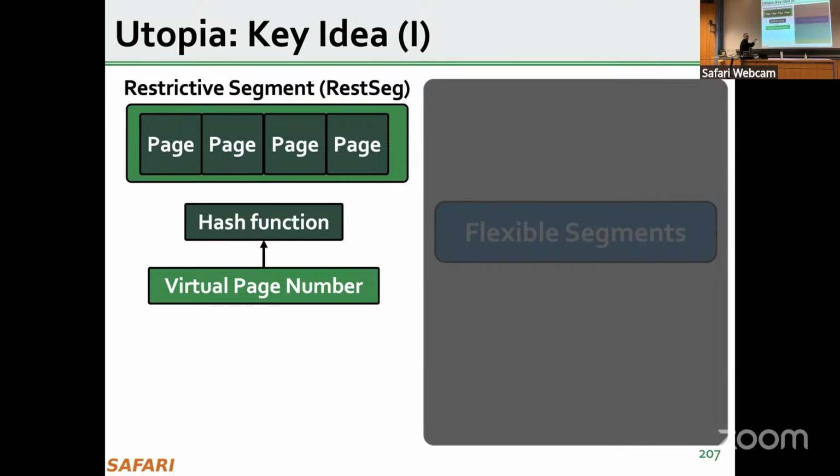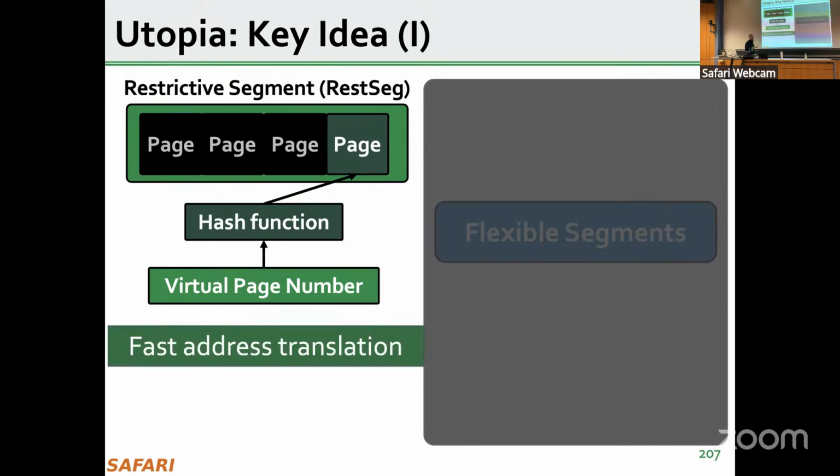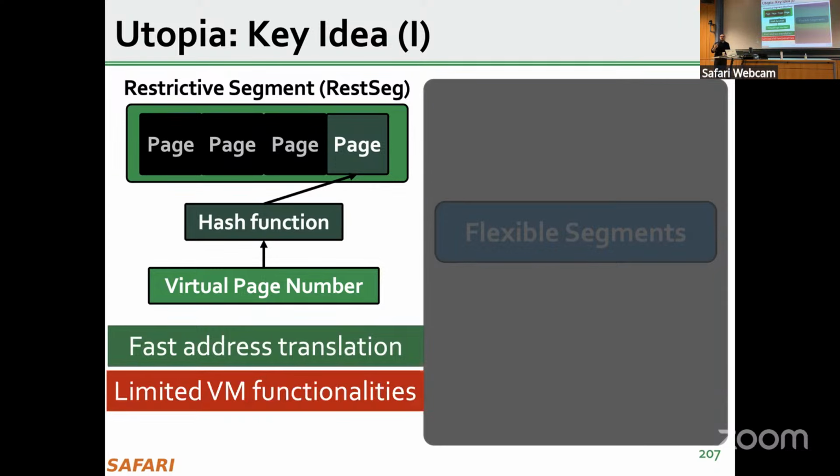I pass my virtual page number through a hash function, and I have direct access to my data without requiring to probe the page table. However, the disadvantage of this approach is that I cannot map my data to any other page in the restrictive segment. Of course, there are different hash functions which allow for mapping it to different places, right? What does this offer? Fast address translation at the cost of limited virtual memory functionalities.